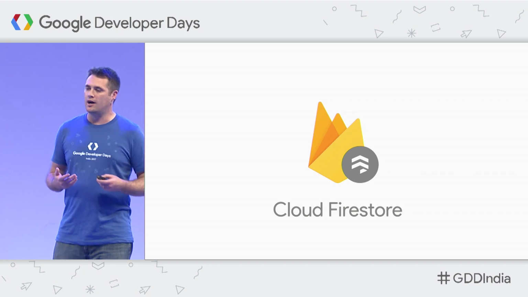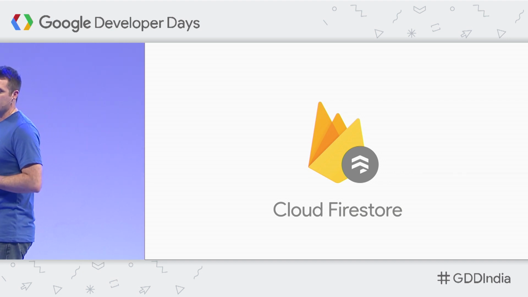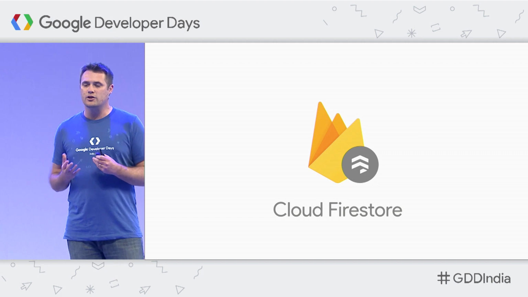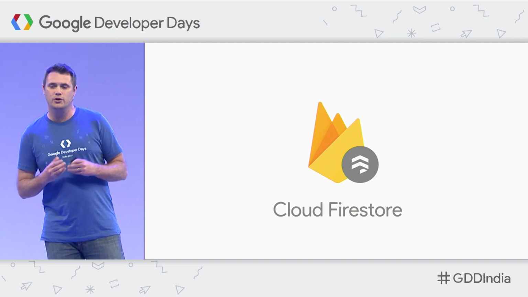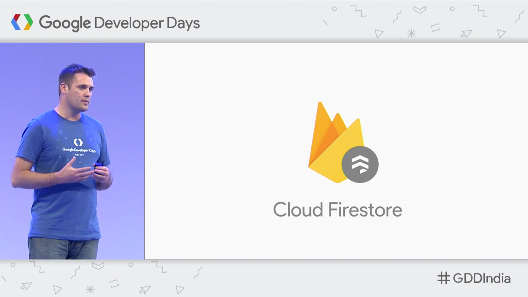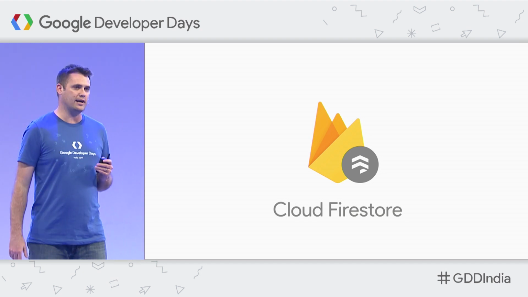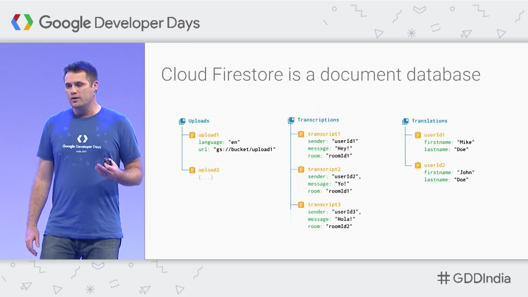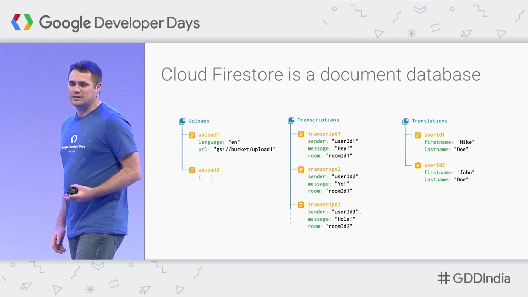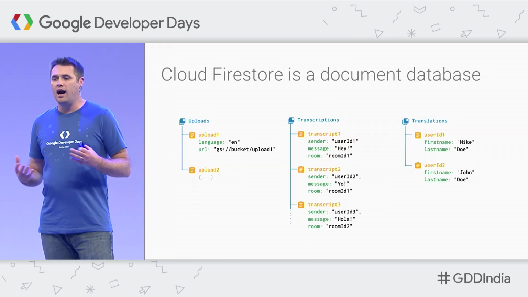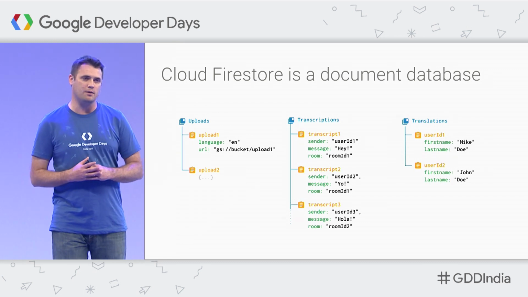So now we've been able to upload and download files securely. How do we go about synchronizing the file metadata and ensuring that other users get notified when there's a new translation? Luckily, Cloud Firestore has us covered here. Cloud Firestore is Google's newest database. It's a real-time, highly scalable, document-oriented database.